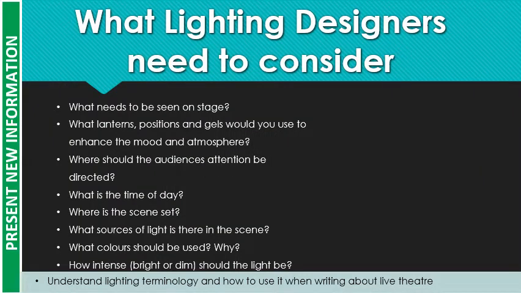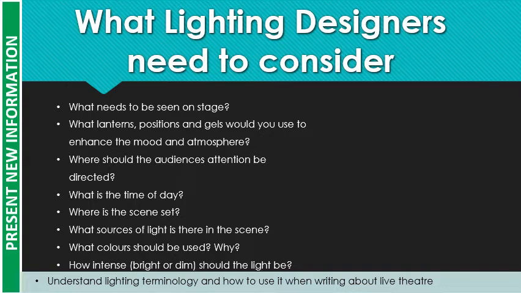So there are various things that a lighting designer needs to consider. When I'm designing the lighting for our school productions, there are some things that I quite often consider. One of them is what needs to be seen on stage. Do I need to light the whole stage or do I just need to light a section? What lanterns, positions and gels would you use to enhance the mood and atmosphere?